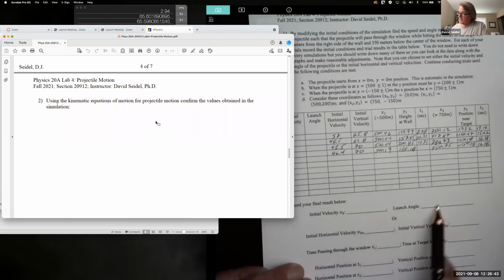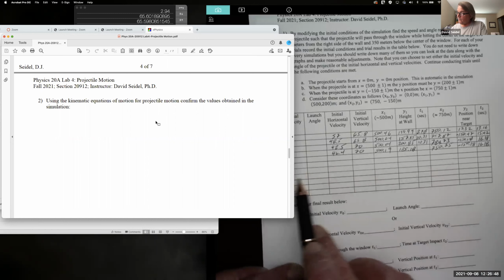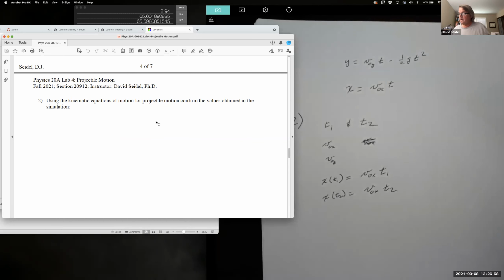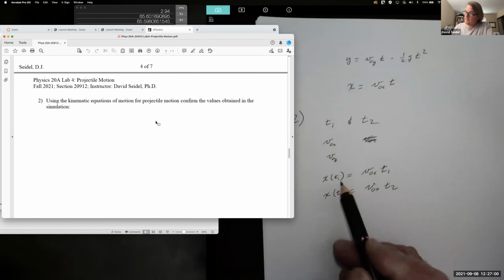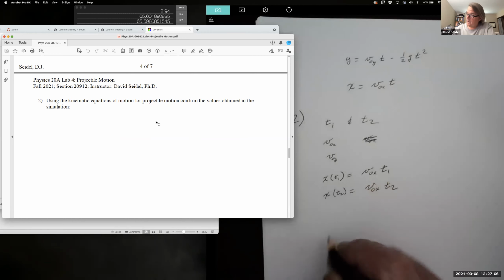This is the initial velocity. These are your positions. So basically, hopefully it's your last line on here that meets these conditions. You're going to write down all your values here, and what those times are. This is the equation for X of T, because X0 is 0.